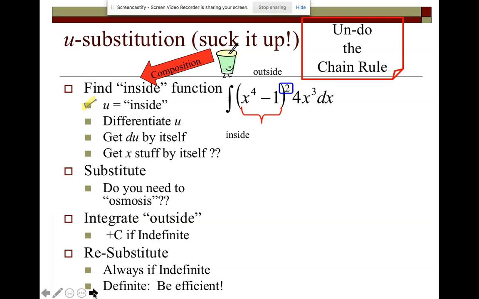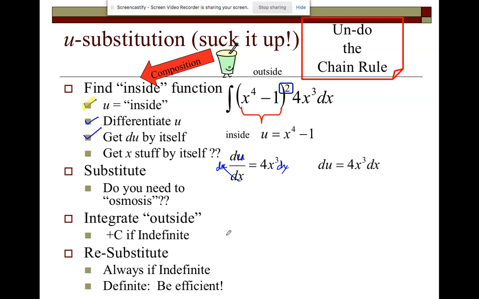Now name it. My inside function is u. Name it x to the fourth minus 1. Take the derivative. The derivative of u with respect to x is power down, subtract 1 from the exponent. Take the derivative of u, then get du by itself by multiplying both sides of your equation by dx.